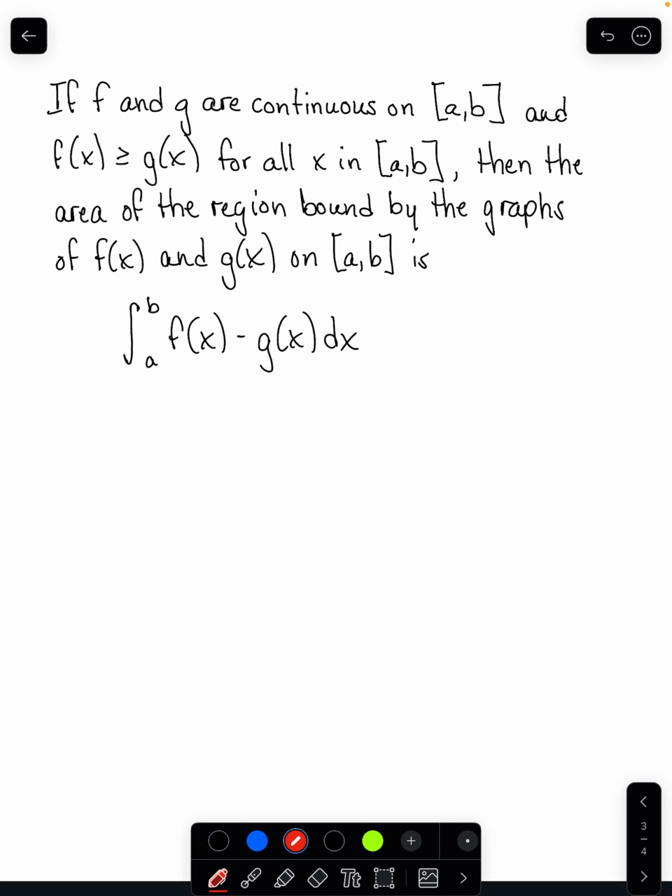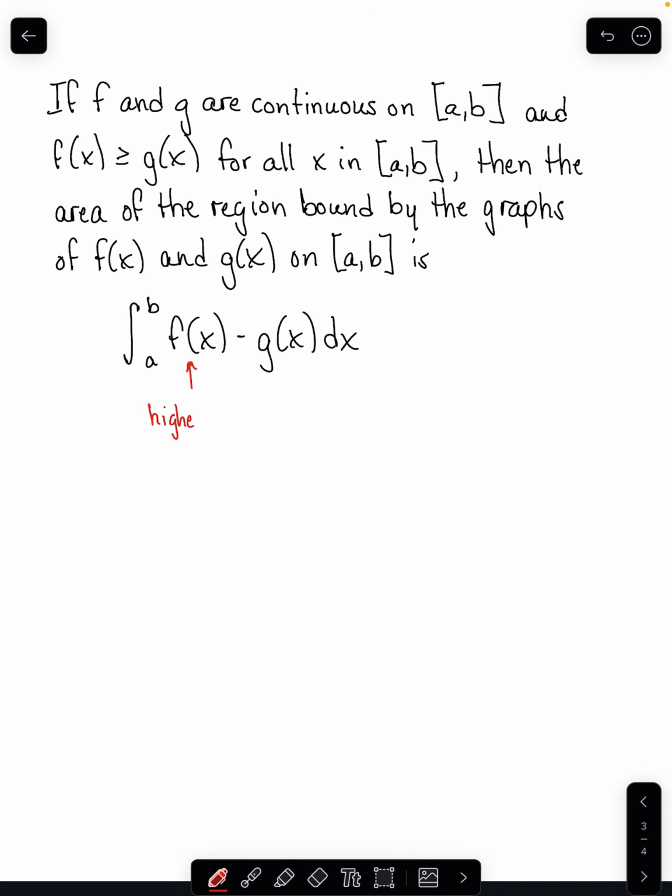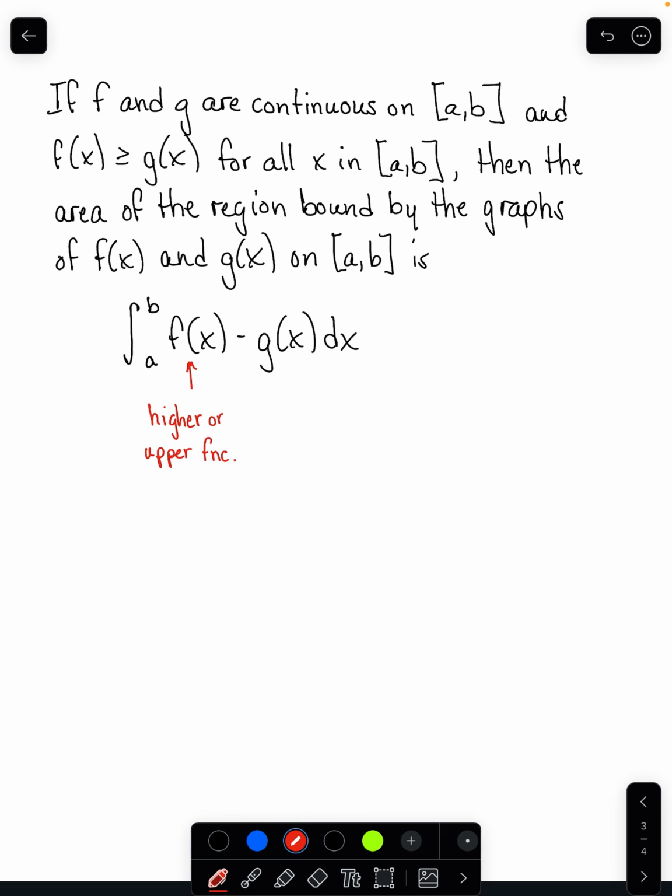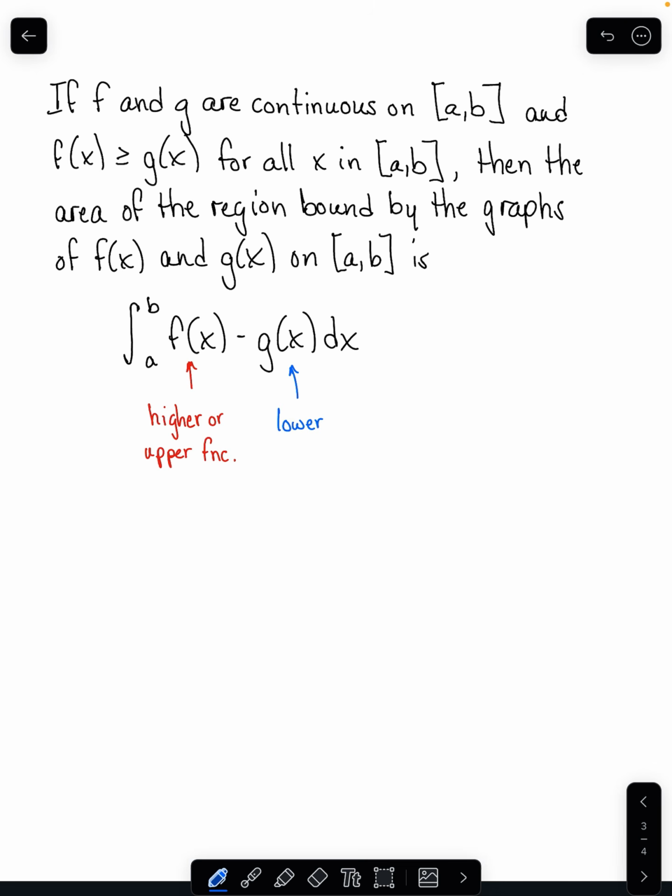The idea here is that the function that is higher up has to come first in the subtraction. And second in the subtraction has to be the lower or bottom function.